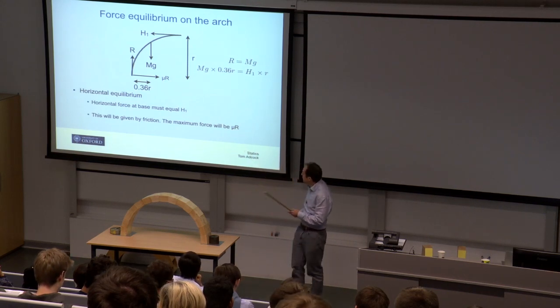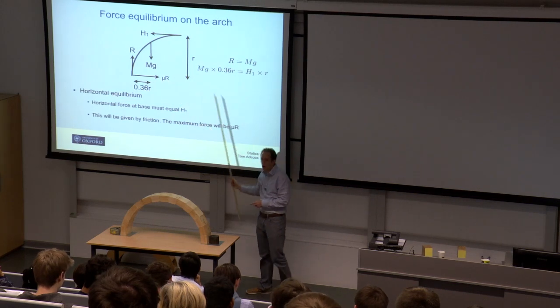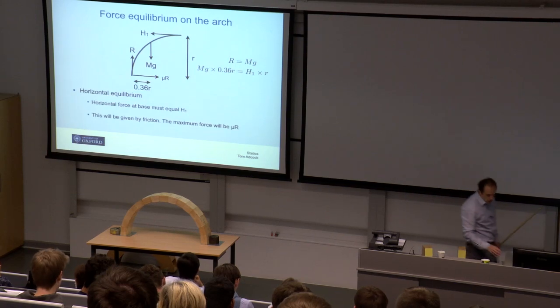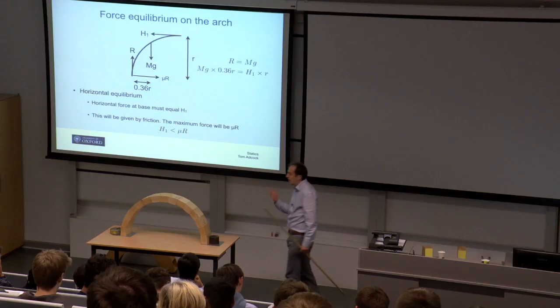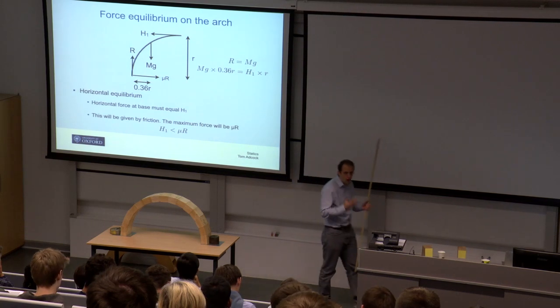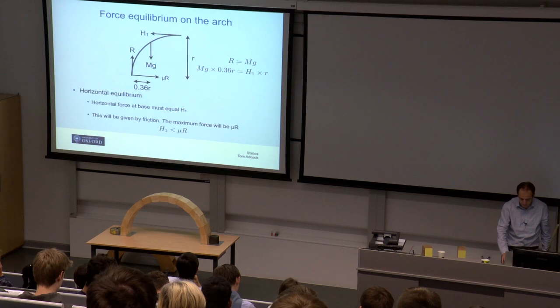So we've got some parameter mu here. So this frictional force is going to be of magnitude mu R, where mu is a material property. And for this to remain stable, we need that horizontal thrust H1 to be less than mu R. Otherwise, these things aren't going to balance, and this thing's going to fall over.